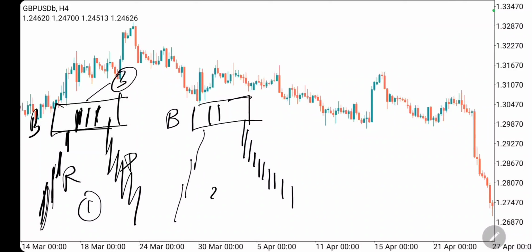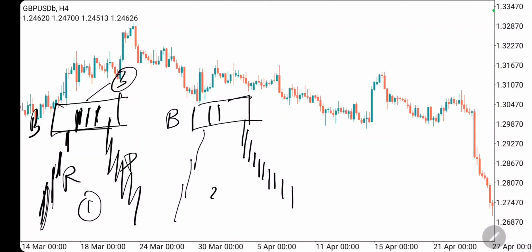All right, so while trying to determine the right demand or supply zone to trade from, you should ask yourself a question. The question should be: how did price leave the base of the zone? How did price leave the zone? That is the question.